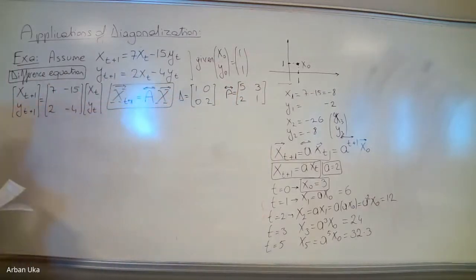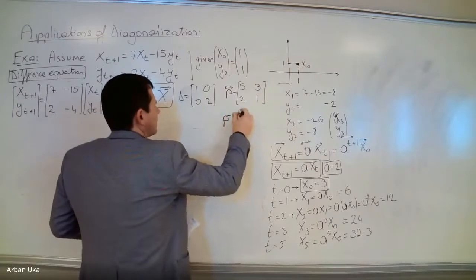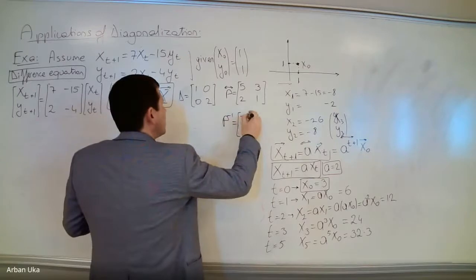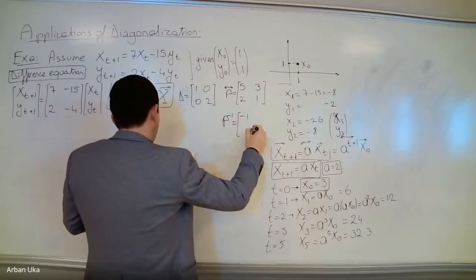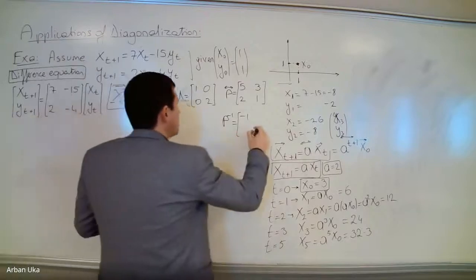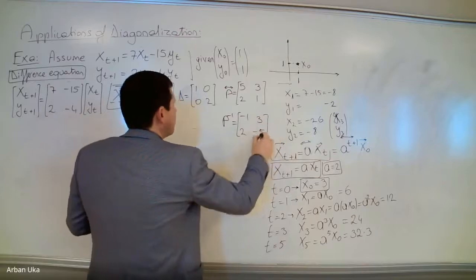Then we also need the matrix P inverse. The matrix P inverse is equal to [-1, 2; 3, -5].